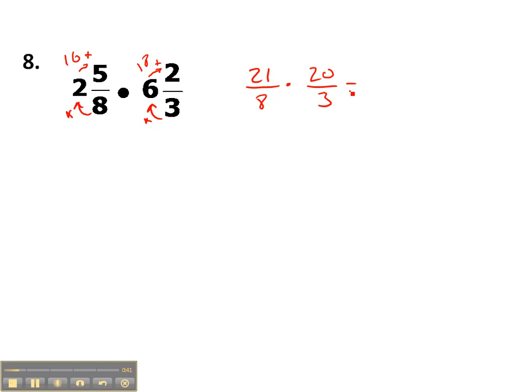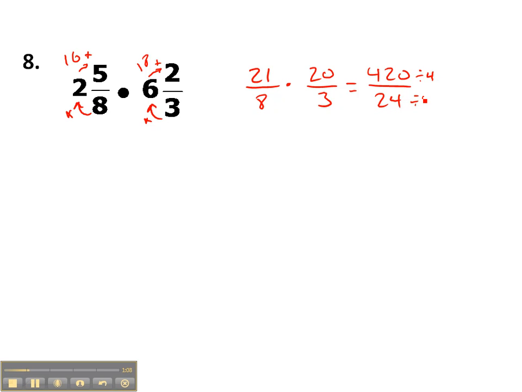Now, we learned that when multiplying fractions, we multiply top times top, bottom times bottom, numerator times numerator and denominator times denominator. But let's do that first, and then we'll do it the hard way, and then we'll see the easy way. 21 times 20 is 420, and 8 times 3 is 24. Then we have to simplify this fraction. We can definitely divide by 4 here.